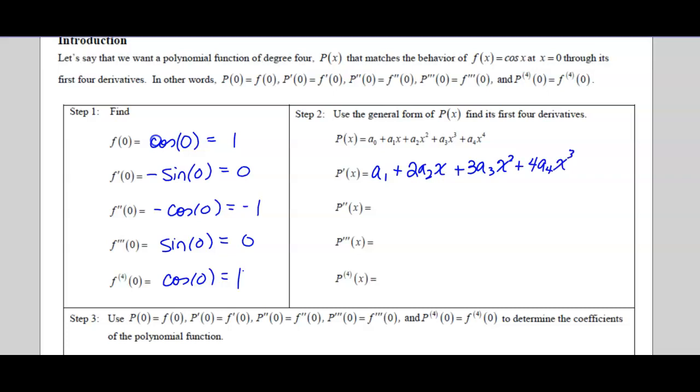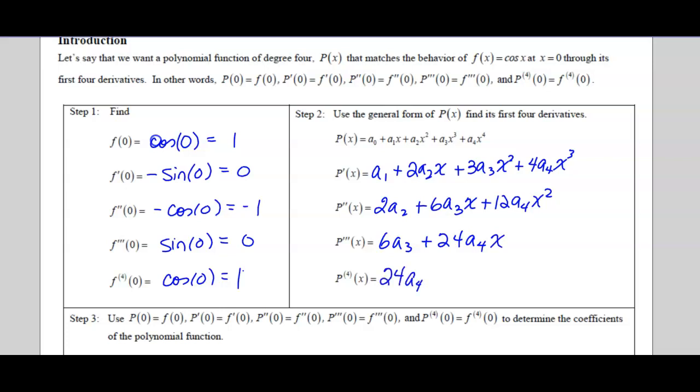Second derivative then becomes 2a2 plus 6a3x plus 12a4x squared. Next one will be 6a3 plus 24a4x. And last one is 24a4.